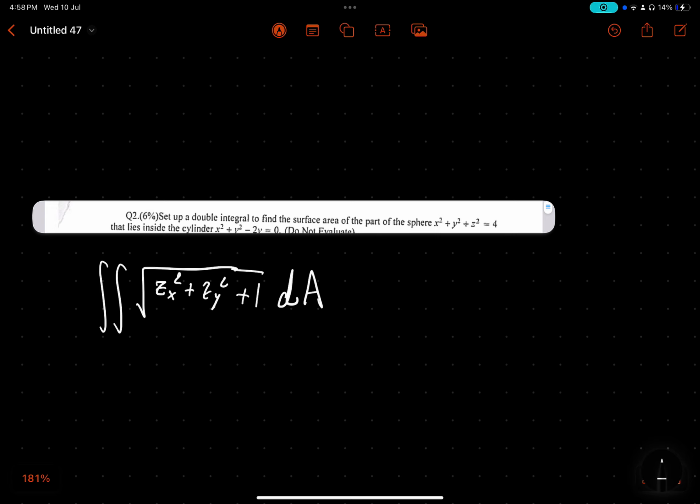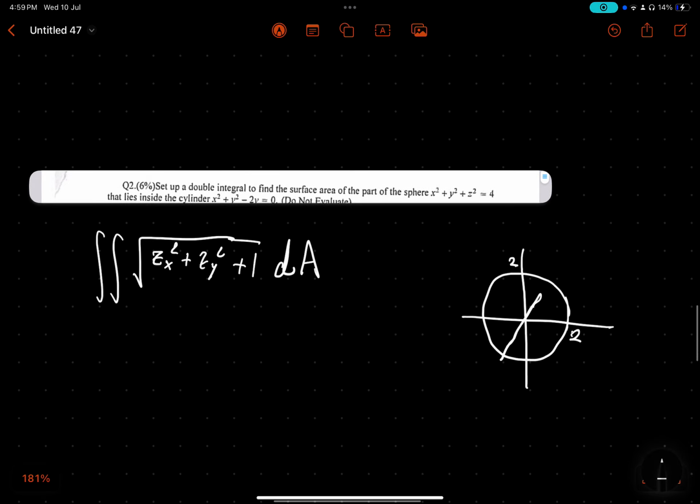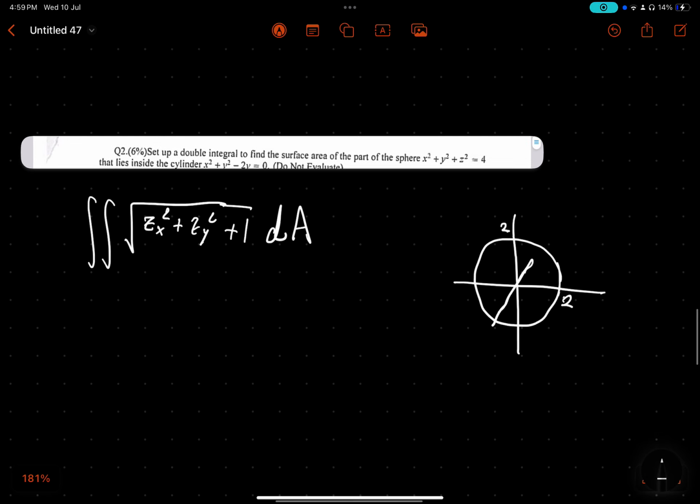And now he wants us to find the surface area of the part of the sphere. Okay, so we're going to draw a sphere here. This is our sphere. The radius is 2. And then it wants us to make it lie inside the cylinder, which is x squared plus y squared minus 2y equal to 0.